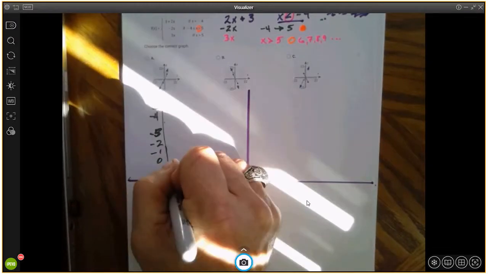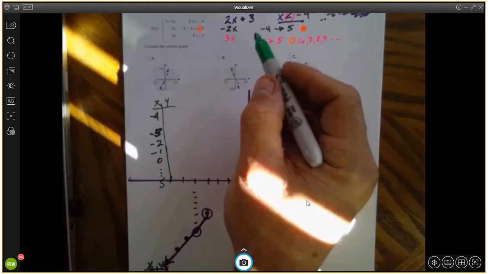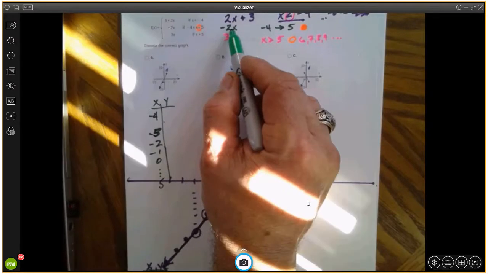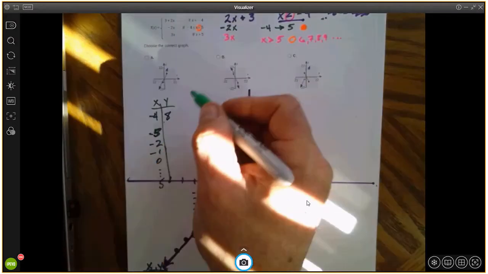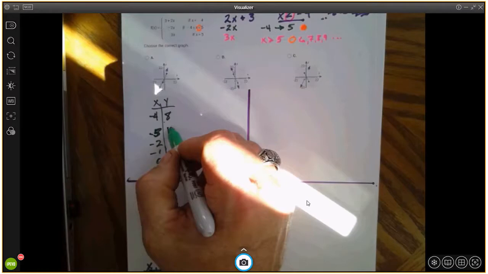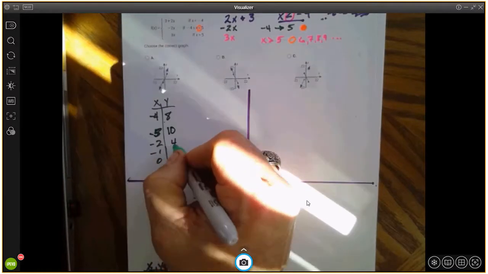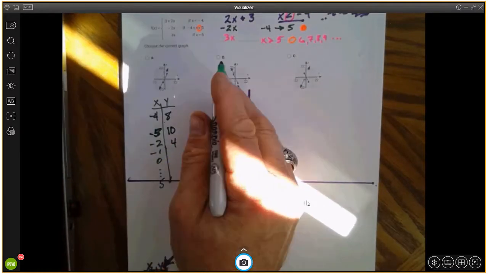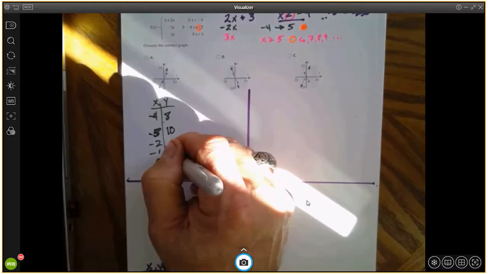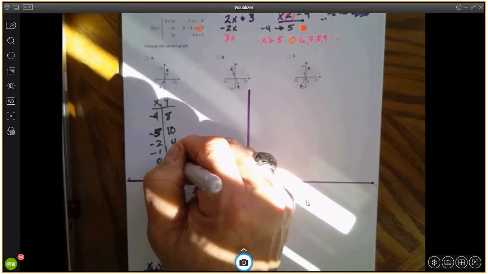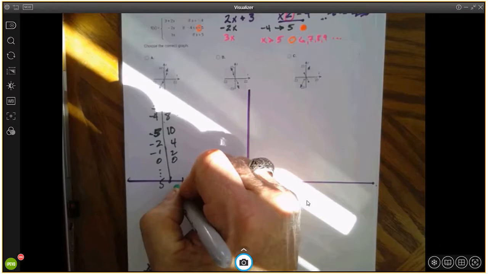Okay? So -4 times -2 is 8. -5 times -2 is 10. -2 times -2 is 4. -1 times -2 is 2. 0, and then 5 times -2 is -10.